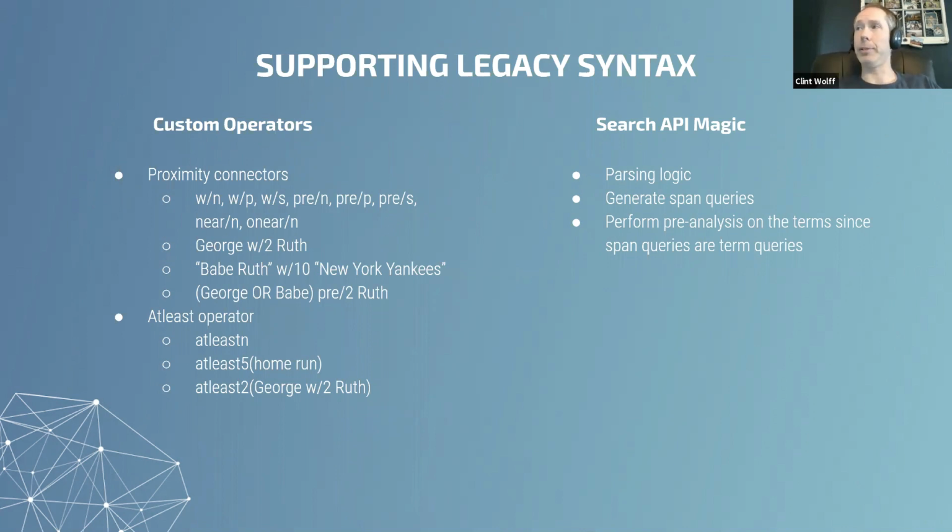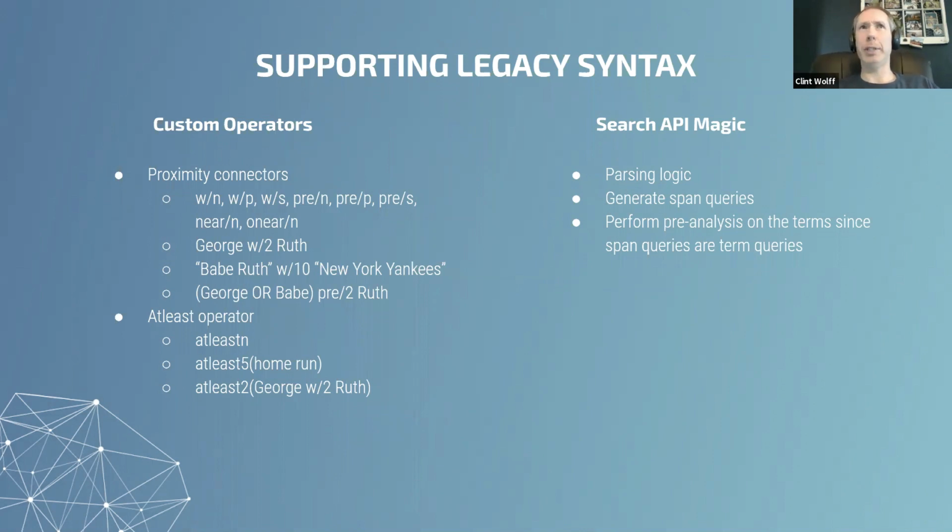We chose that architecture for many different reasons. So within that search API, we put in some parsing logic, right? Every query that's coming in, we're parsing, looking for these connectors and operators, and then we're generating span queries from this. It's very common for us to actually generate several thousand lines of span query syntax.